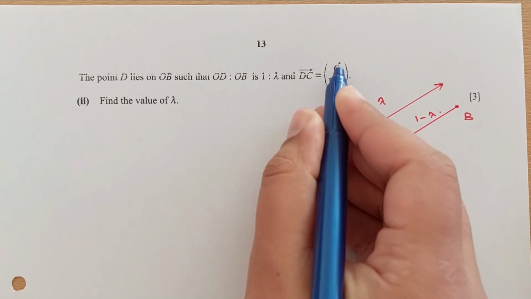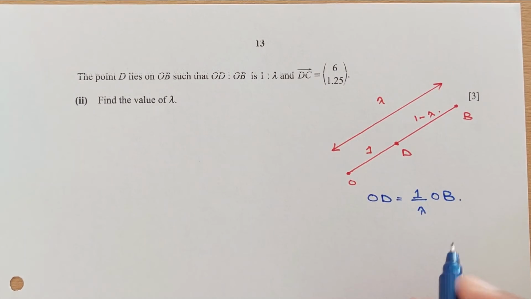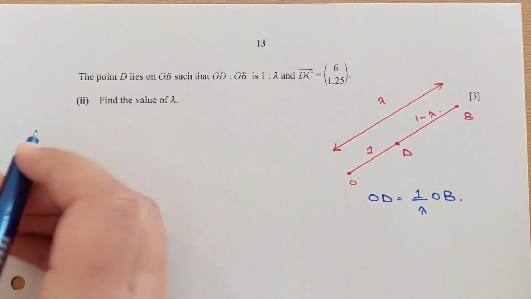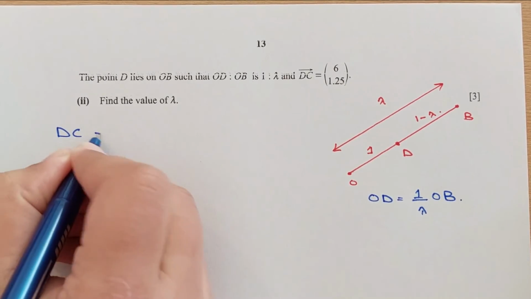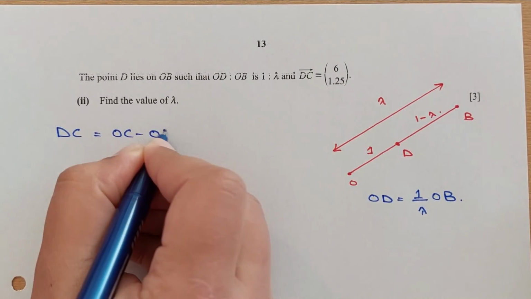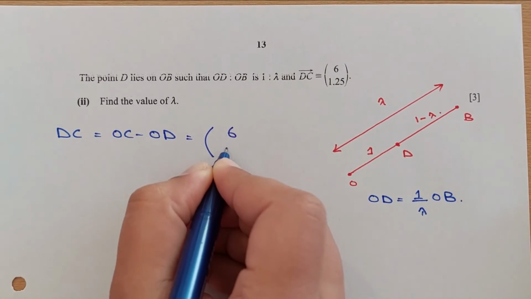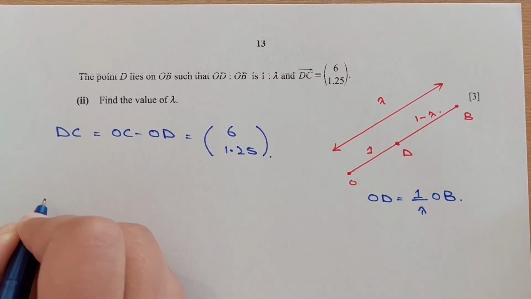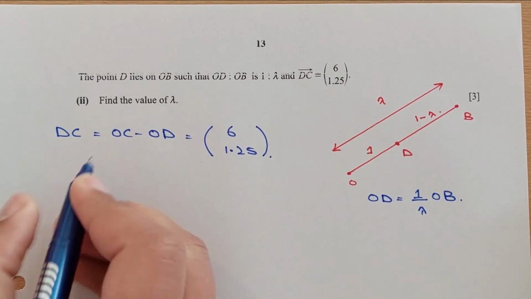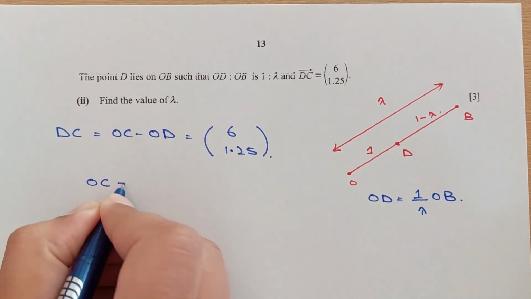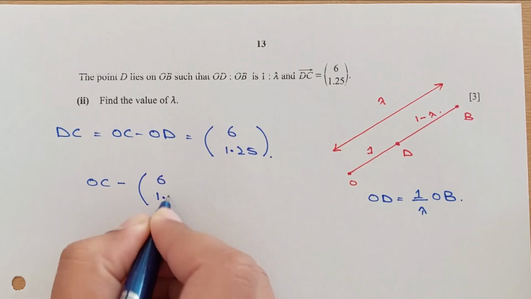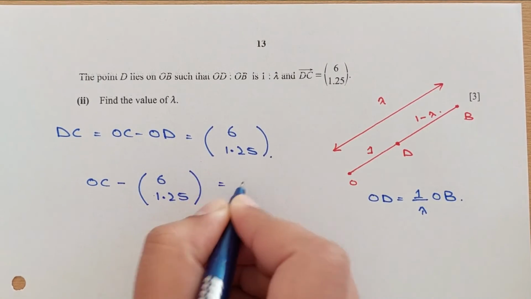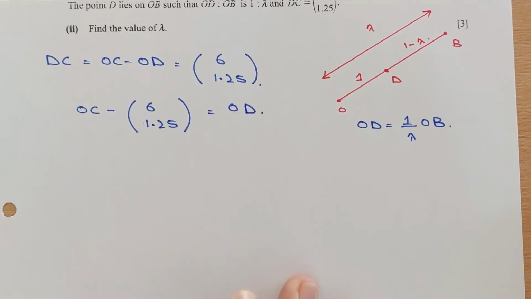And we have DC is (6, 1.25). Let me use this. We need to find the value of lambda. DC is OC minus OD, and this is (6, 1.25), right? So we have to find the value of OD from here. So we can say that OC minus (6, 1.25) is equal to OD, right?